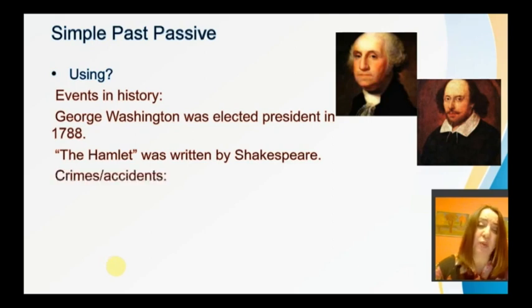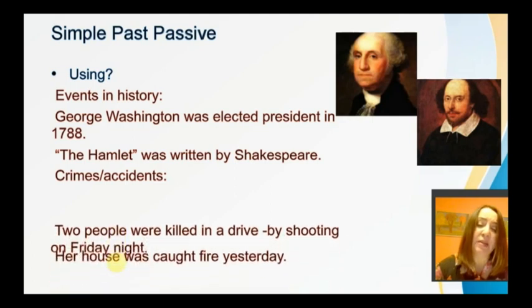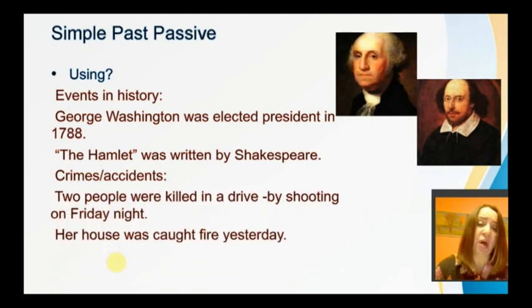When we talk about crimes or accidents, like 2 people were killed in a drive by shooting on Friday night, or unfortunately her house was caught fire yesterday.